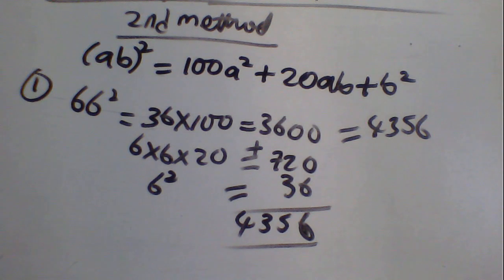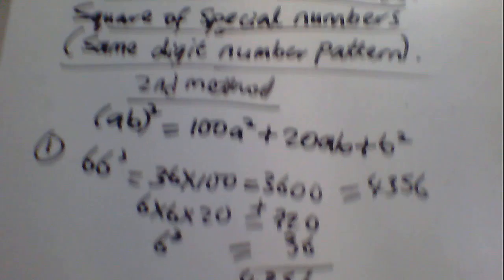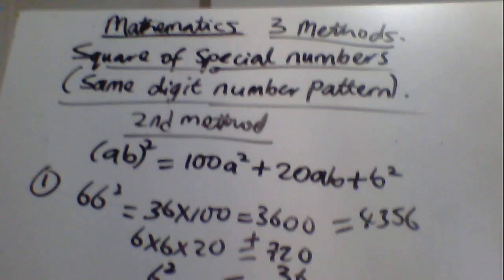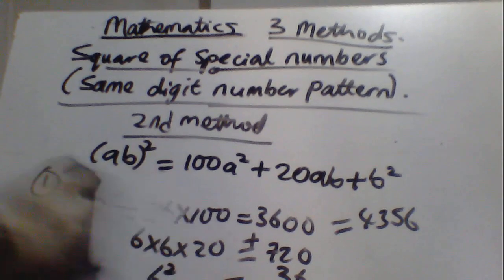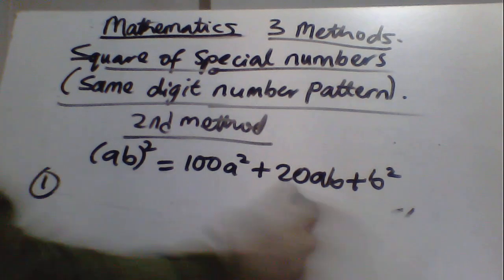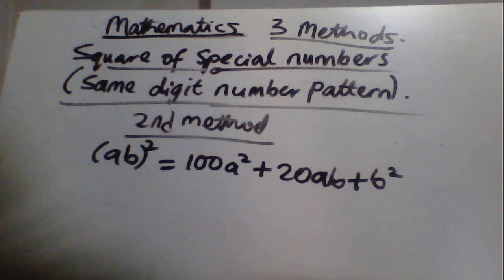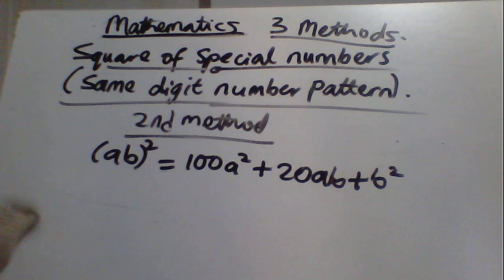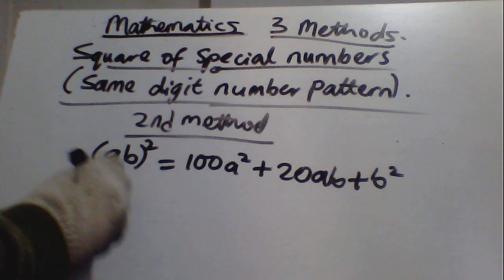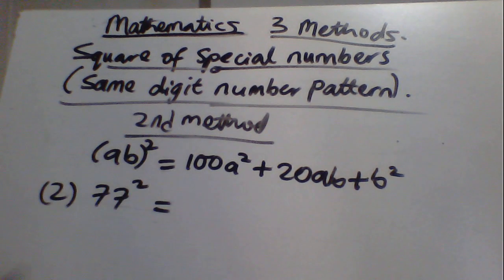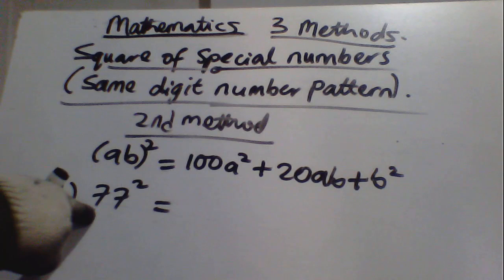The next example is to find the square of 77. How do we find the square of 77? Using this method, square this first one.